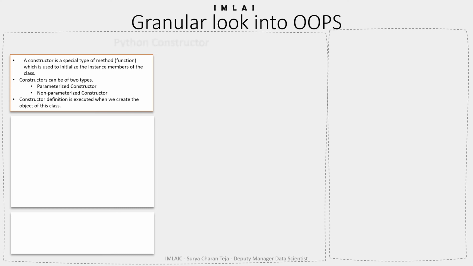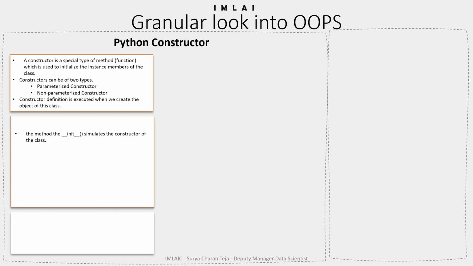Now how does this method look? It is not a stranger to us, guys. This is nothing new. It is the double underscore init double underscore method only. This method init simulates the constructor of the class.